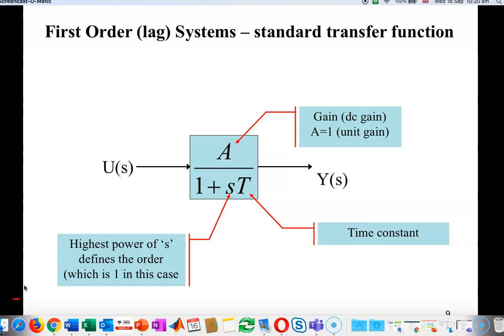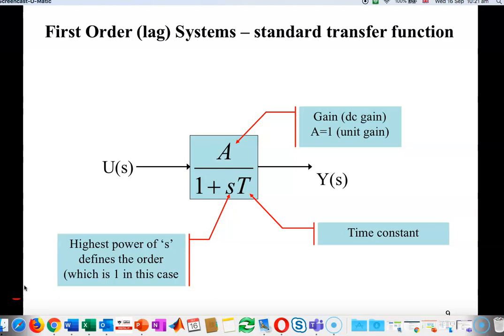If DC gain is 1, then you have a unit gain system. Unit gain system means output will equal input in steady state. Output equal to input also means there's no difference, no control error, or no steady state error.